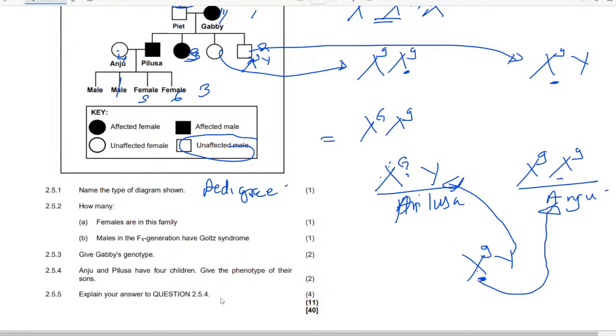How do I get the 4 marks? By telling what's happening to Pelusa and to Anju. Pelusa is affected, a tick, while Anju is unaffected. The males will inherit the Y chromosome from the father, another tick, and they will inherit the X with the recessive allele from the mother.